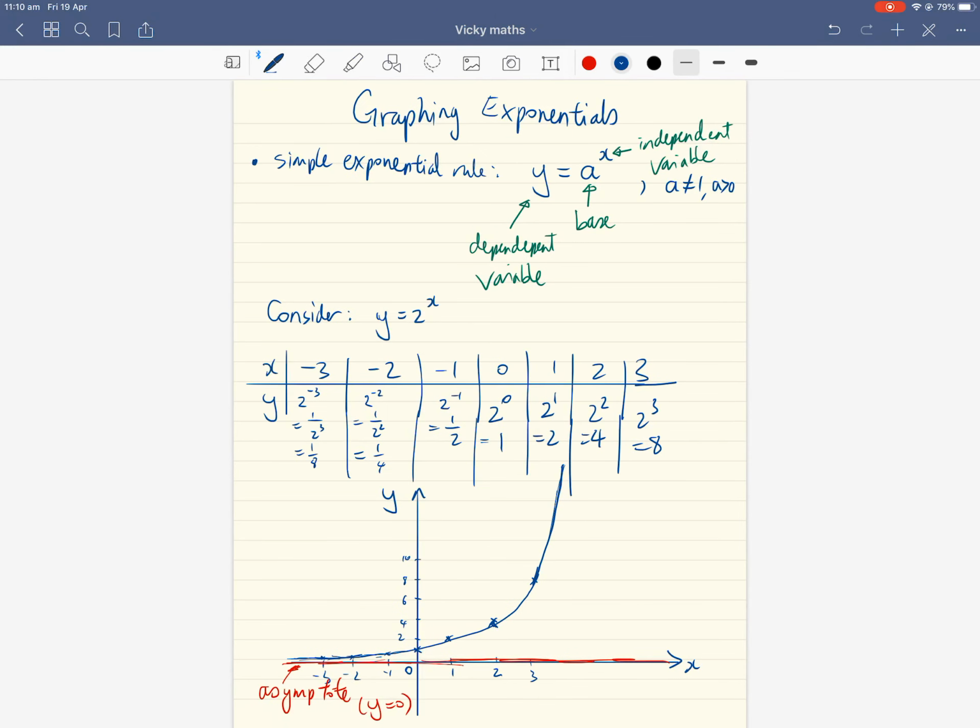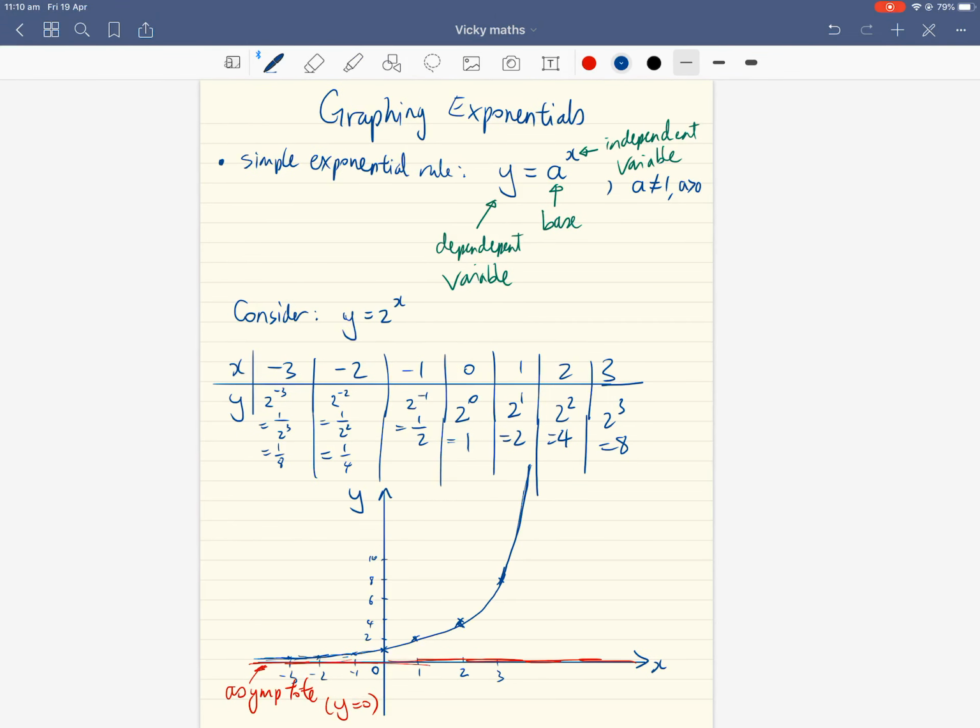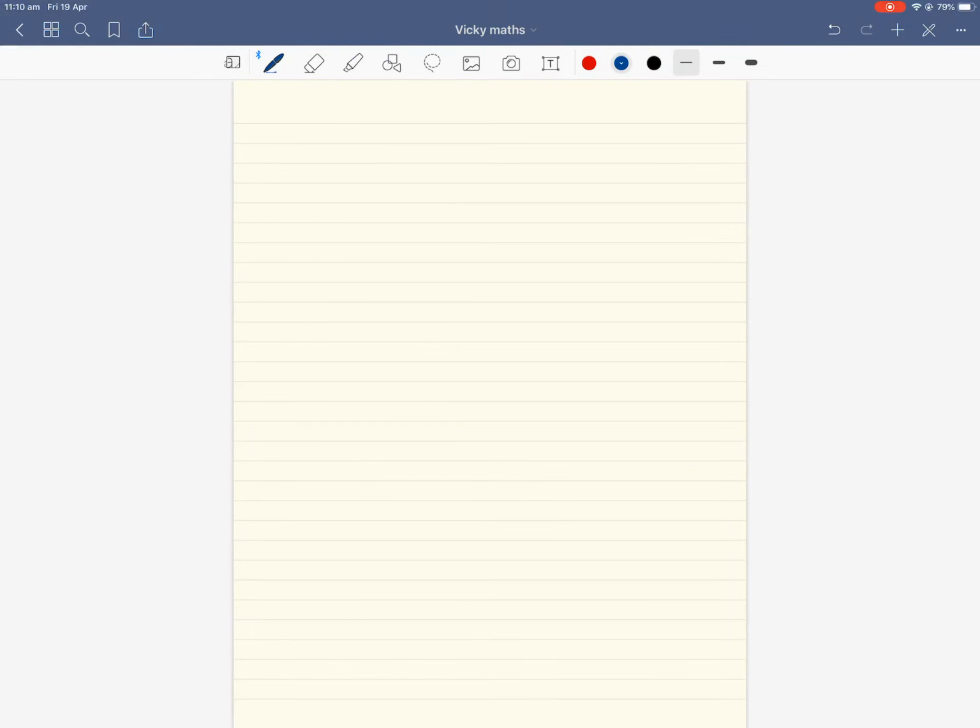Now let's look at some variations of the exponential graph. Sketch another one again. Label your axes, x horizontal, y to the sky. Let's look at the example we just looked at, which is y equals 2 to the x.